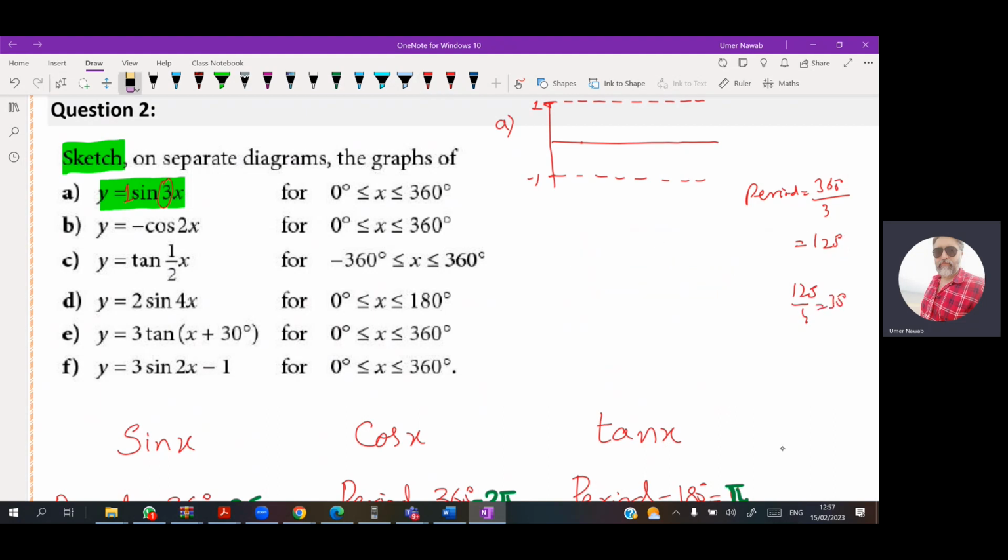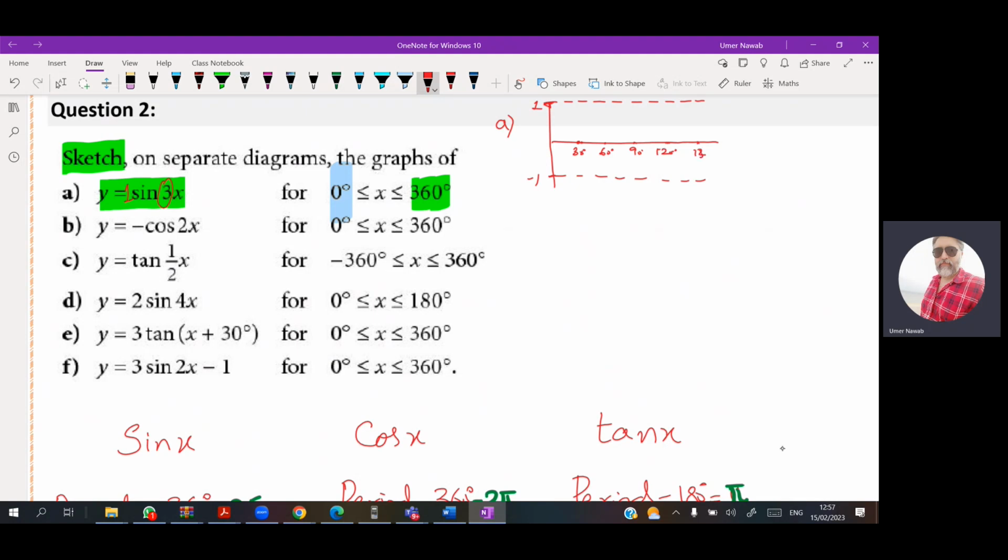So in the calculator, if you want to write, your start is 0 and your end is 360. What is your step? You are not going to put your step as 90 degrees. Normally, if the frequency is 1, your step is 90 degrees. But in this case, my step is 30 degrees. So I'm going to write 30, then 60, then 90, then I move on to the next one. 90 plus 30 is 120.